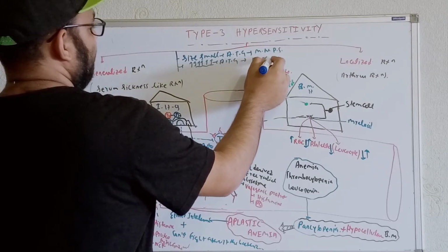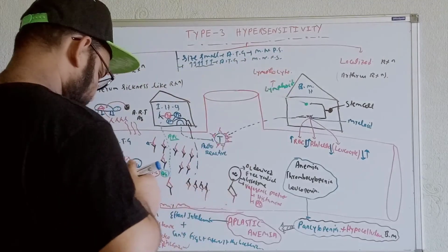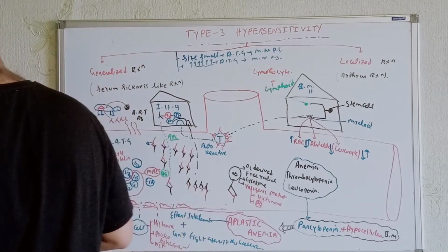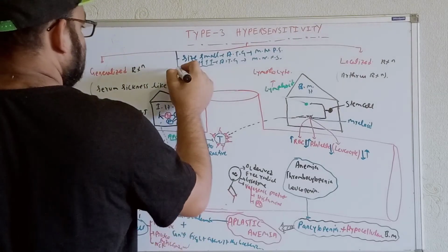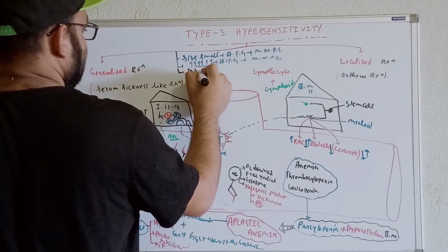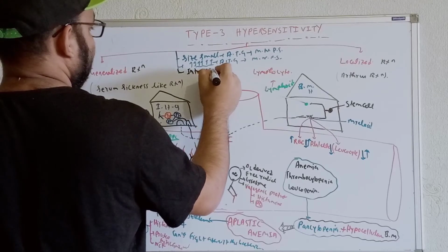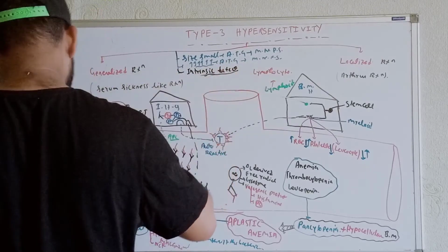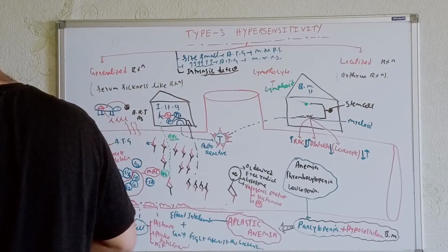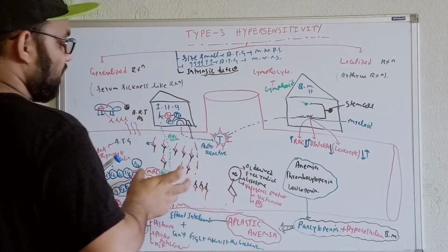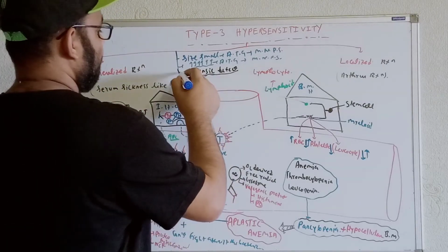Another thing we can get is an intrinsic defect within these macrophages or the mononuclear phagocytic system. As a result there will not be proper elimination of these things. So ultimately, in a word, we can say there is impaired clearance of the immune complexes.